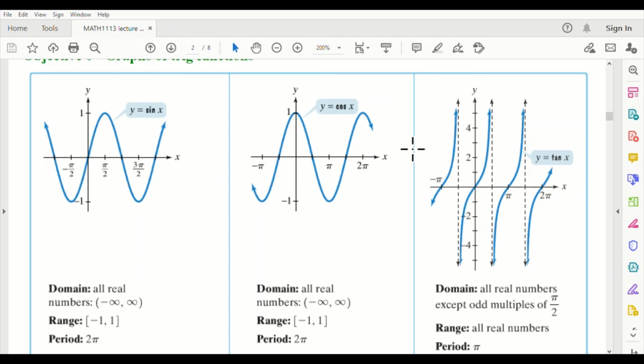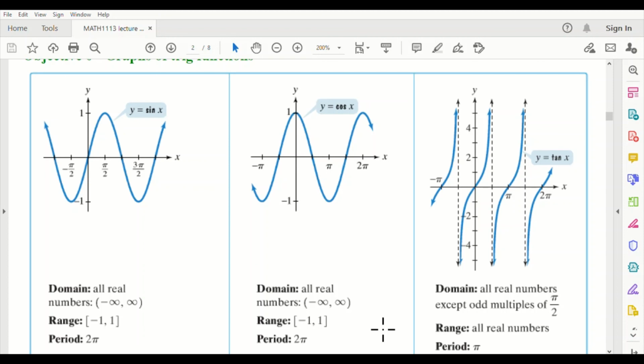They're co-functions of each other. The domain of it is all the real numbers, of course. The range is -1 and 1, and the period is 2 pi. We've talked about cosine and sine a lot, so I'll move on.